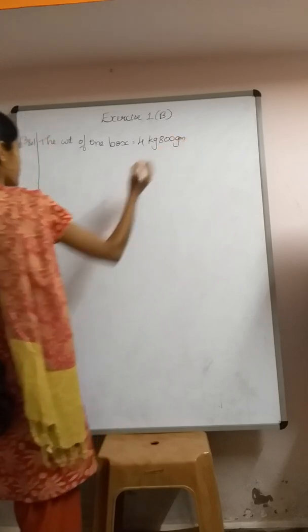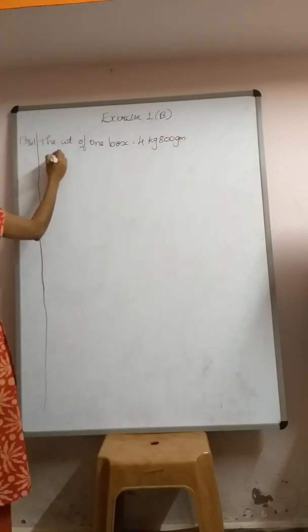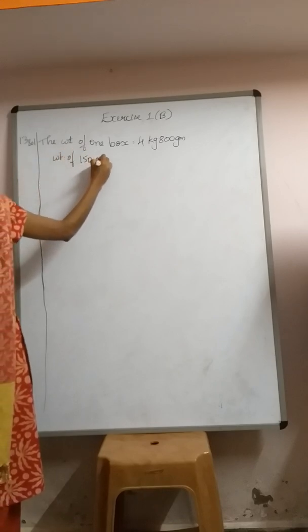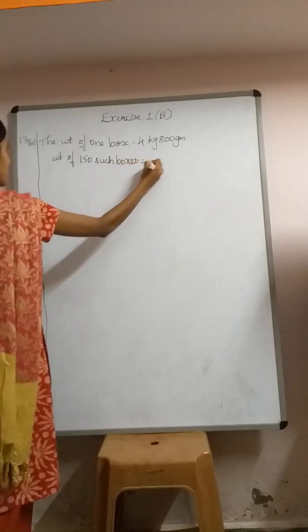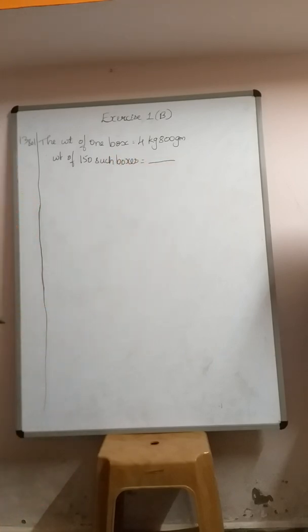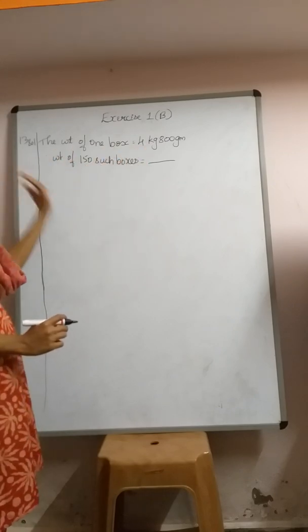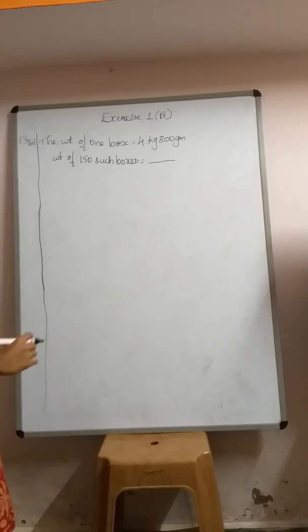And we should find the weight of 150 such boxes. We don't know. So one box weight they have said 4 kg 800 grams. What is the weight of 150 such boxes? So let us solve this.